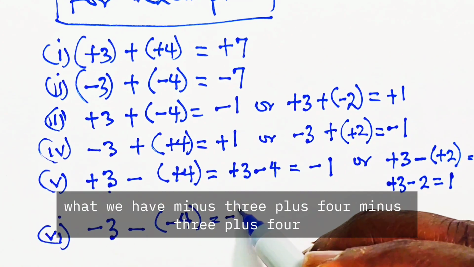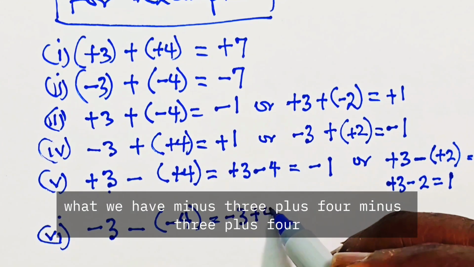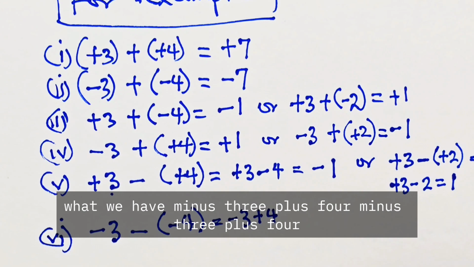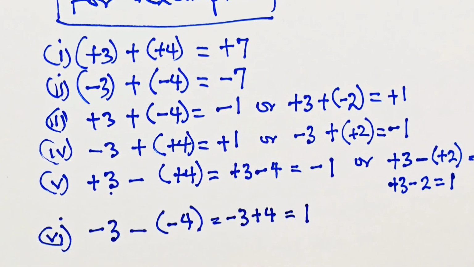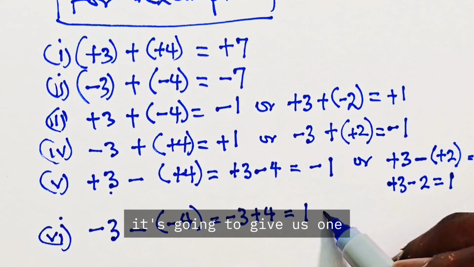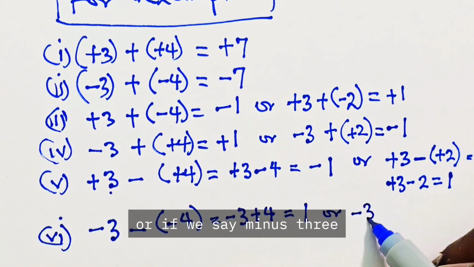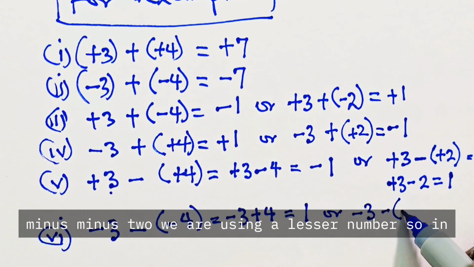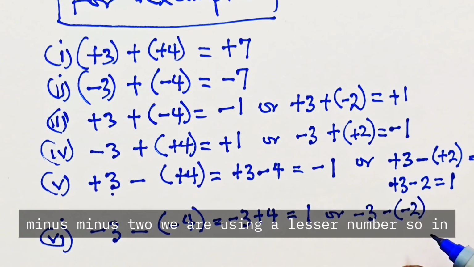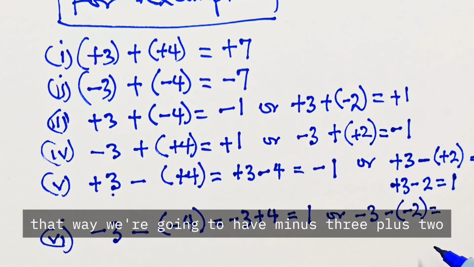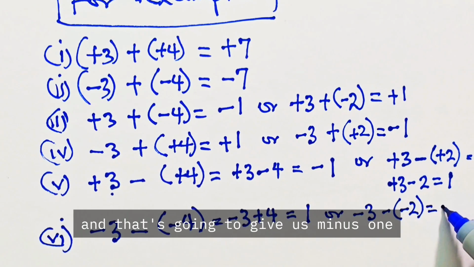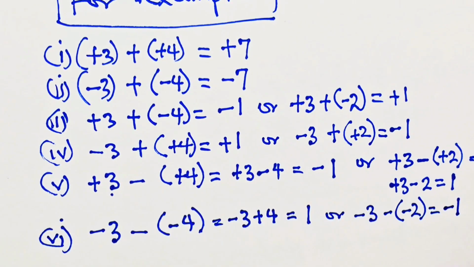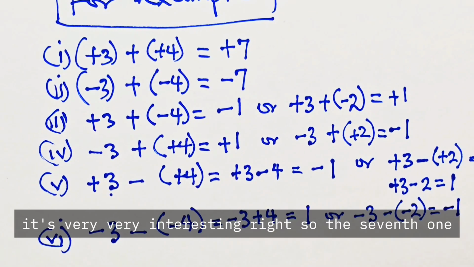This is what we have: minus 3 plus 4, and this is going to give us 1. Or if we say minus 3 minus 2, we are using a lesser number, so in that way we're going to have minus 3 plus 2, and that's going to give us minus 1. It's very, very interesting, right?